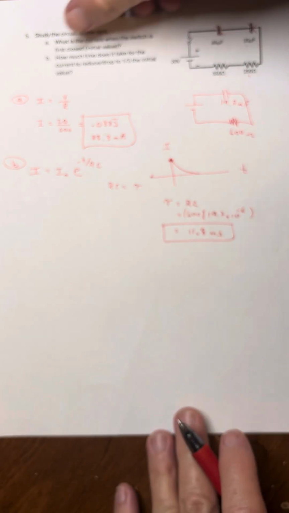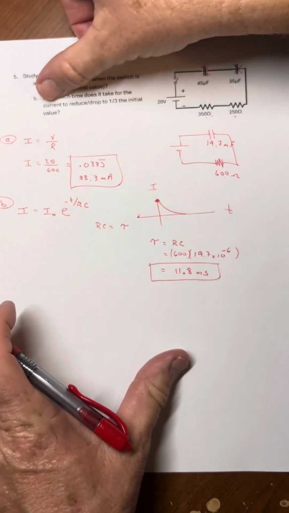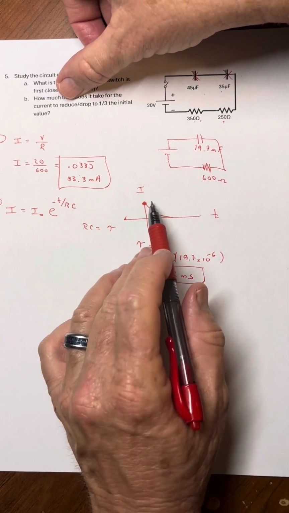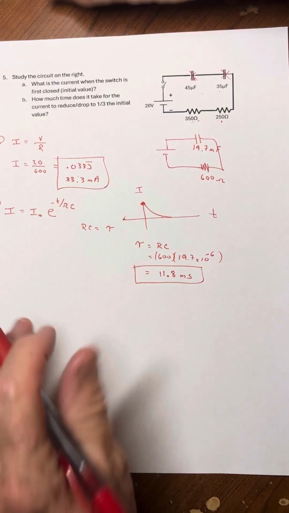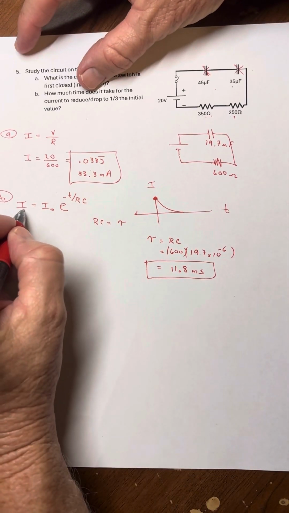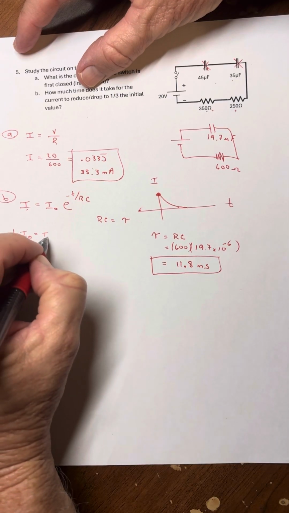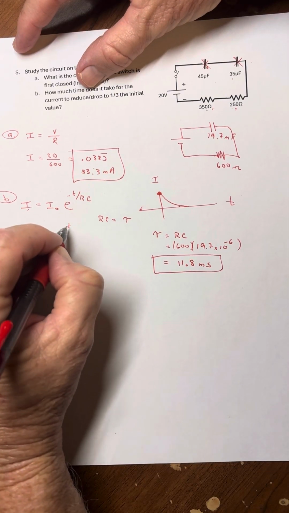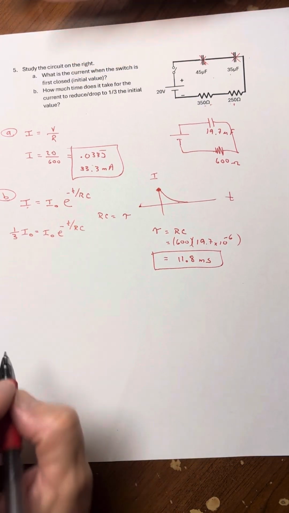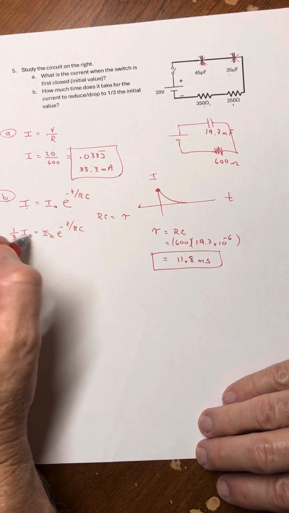And this problem is asking about a certain time frame here, right? It says how much time does it take for the current to drop down or reduce to 1/3 of its initial value. So we would write 1/3 of the initial value. And the initial value would cancel off.